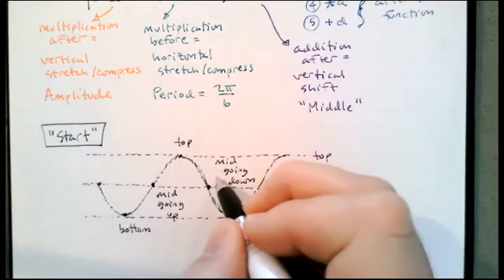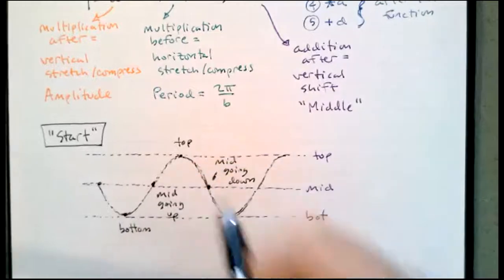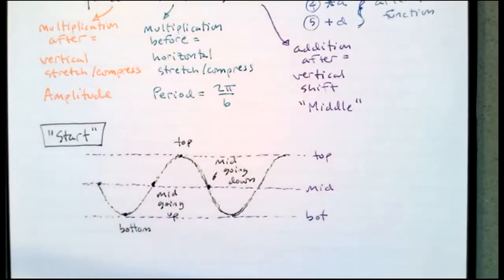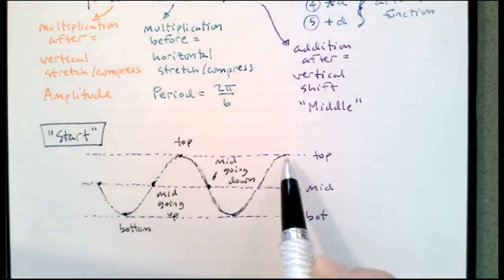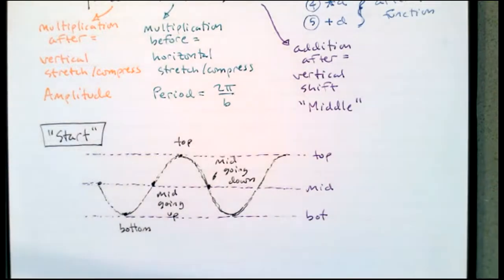So those are my four starting points. The top, the middle going down, the bottom, the middle going up. And they just cycle through. Bottom, middle going up, top, middle going down, and so on forever. So it's ridiculous to call this the start, but that's what I call it.